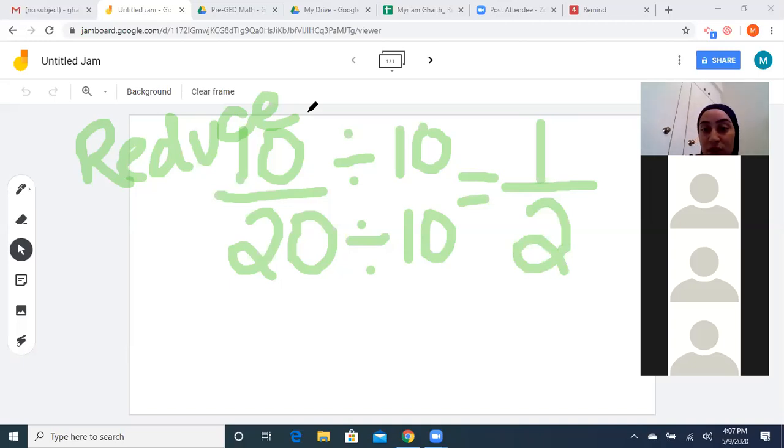So now instead of 2 steps, I solved it with 1 step. Why? Because I went with the highest possible number I can divide them by. Does that make sense? So always look for the highest possible number we can divide by. And that's just one thing I wanted to point out with reducing fractions.